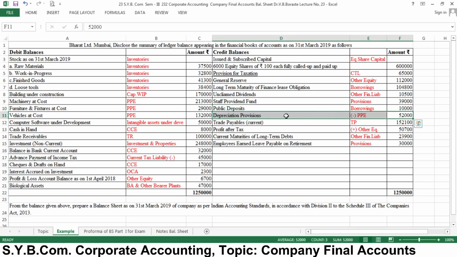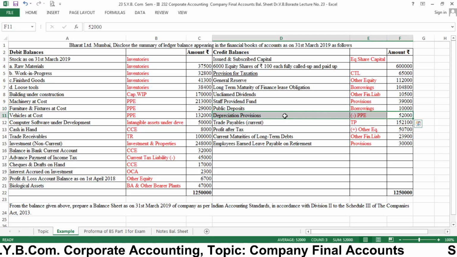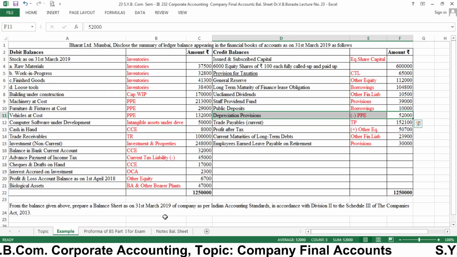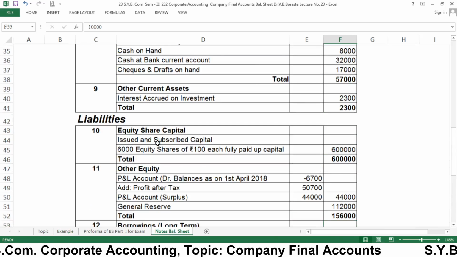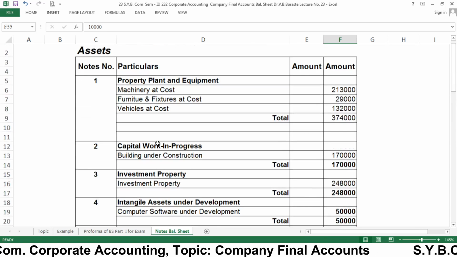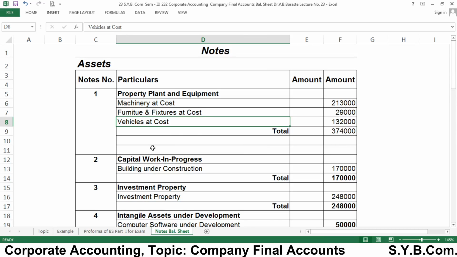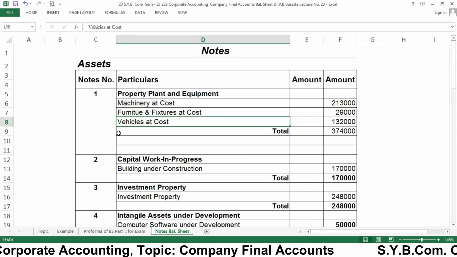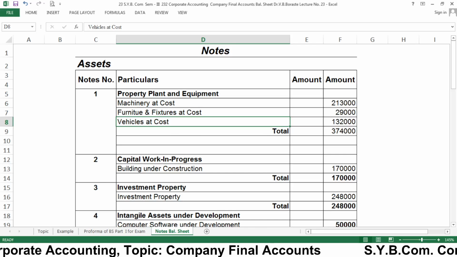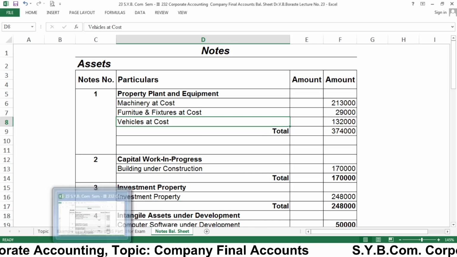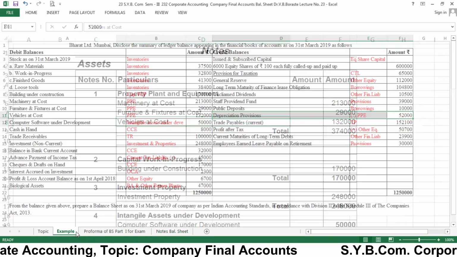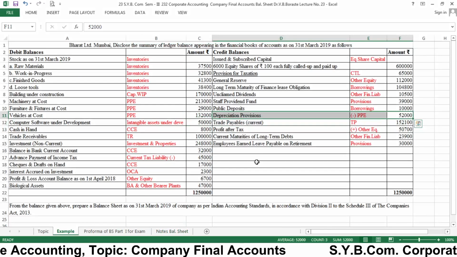As I earlier mentioned, it has to be deducted from the property, plant and equipment. Our first note is property, plant and equipment, where we have to deduct the depreciation amount of rupees 52,000.